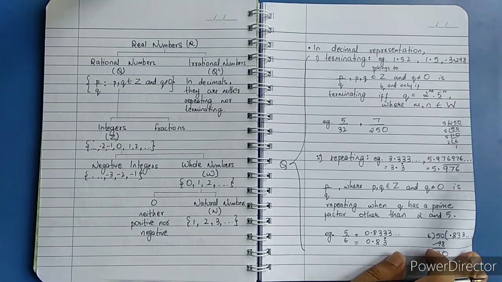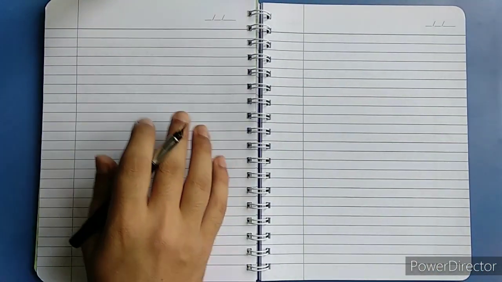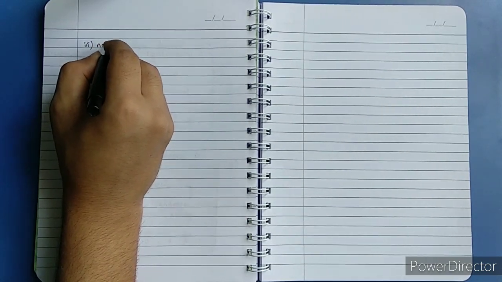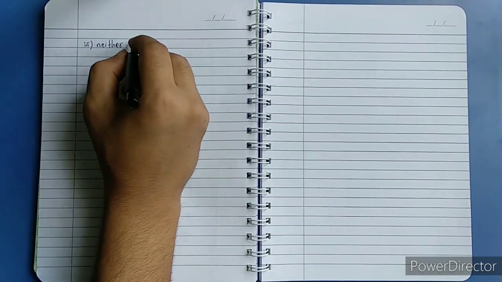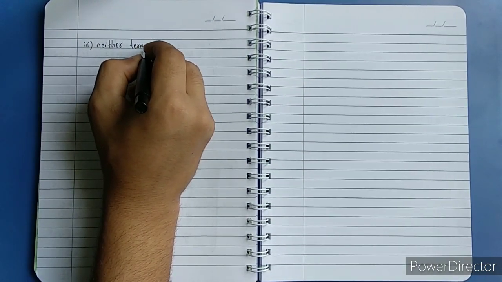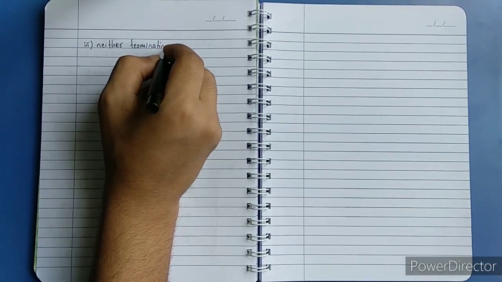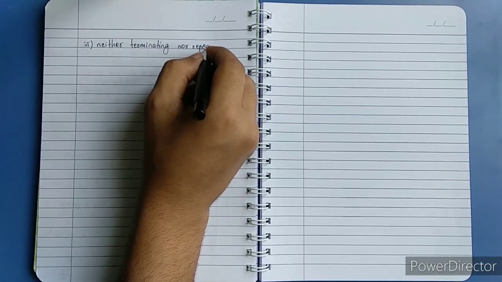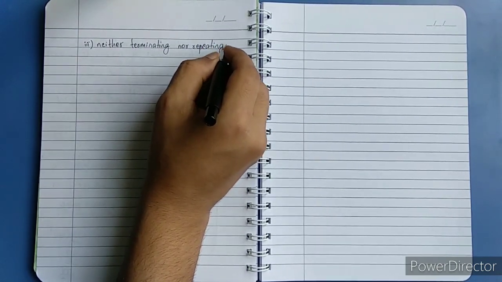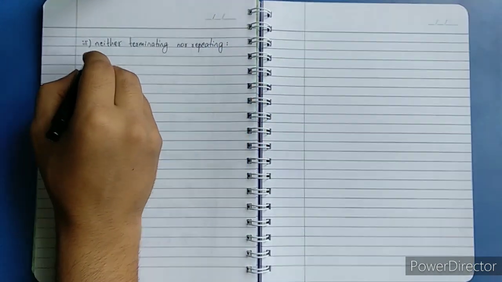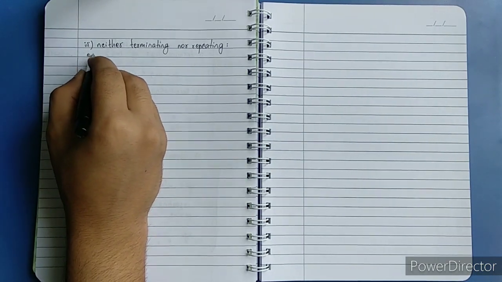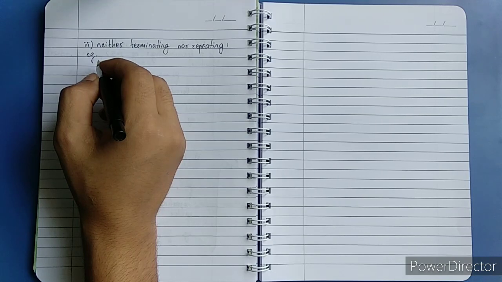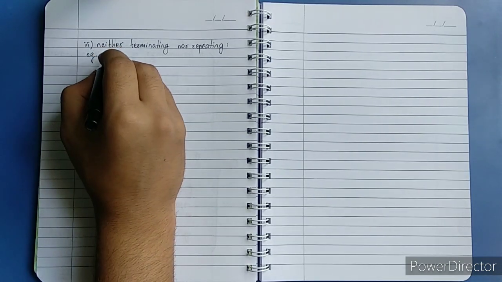And the third type of decimal representation is neither terminating nor repeating. We already saw examples. You can also construct your own examples. This is very simple. You can construct any number of examples.